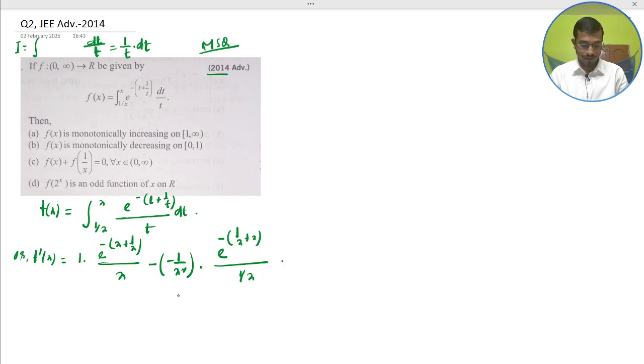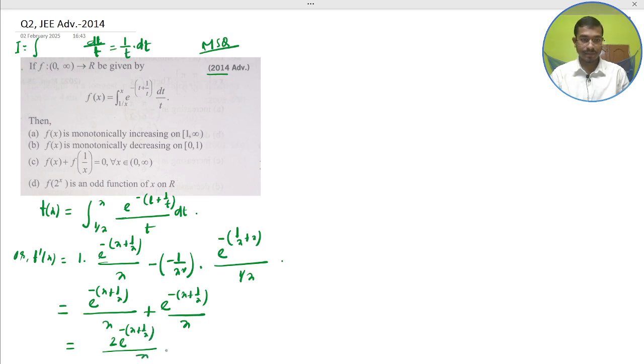This would be the differentiation of this function, that is equal to e to the power minus x plus 1 by x divided by x, minus minus plus, and the exponential minus x plus 1 by x divided by x, and that would become 2 exponential minus of x plus 1 by x divided by x.